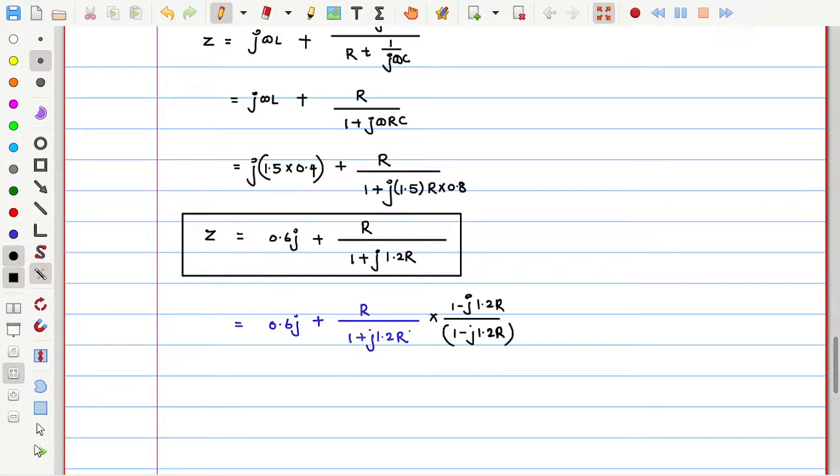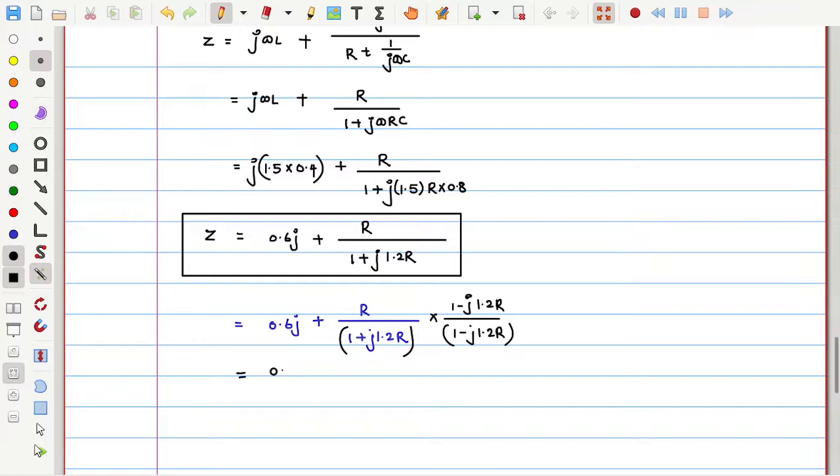So that this denominator will become 1 square plus, a plus b into a minus b form, a square plus b square. So that j square will become, obviously minus minus plus, a square minus b square form. Now check how much we will get.